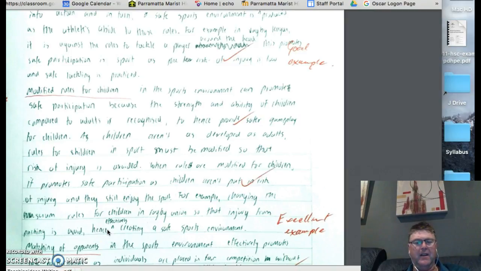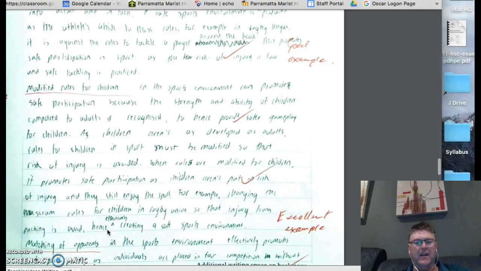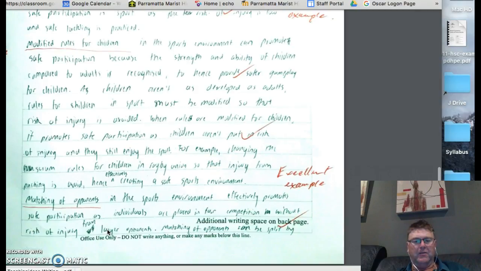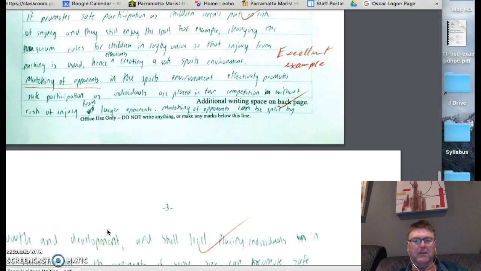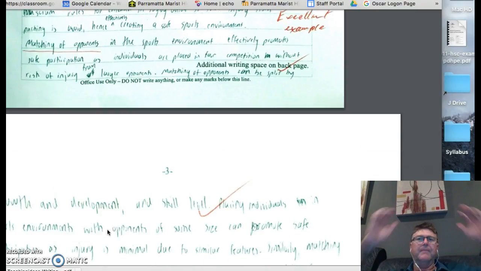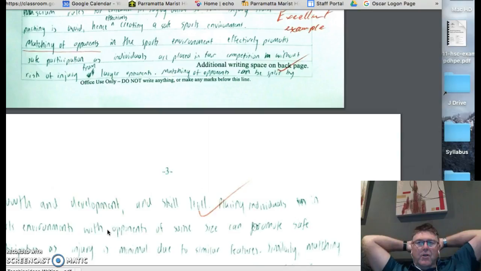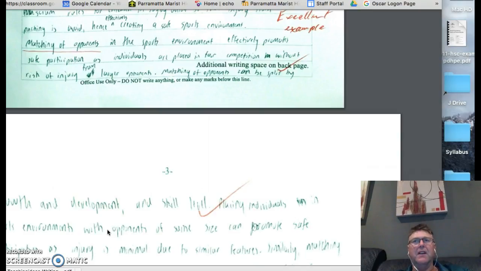And that's what you need to do consistently through your response to get yourself into the top bracket for this particular answer. The problem that the boys had was, in some responses, they didn't have an understanding of the area. You didn't need to talk about heat and cold.